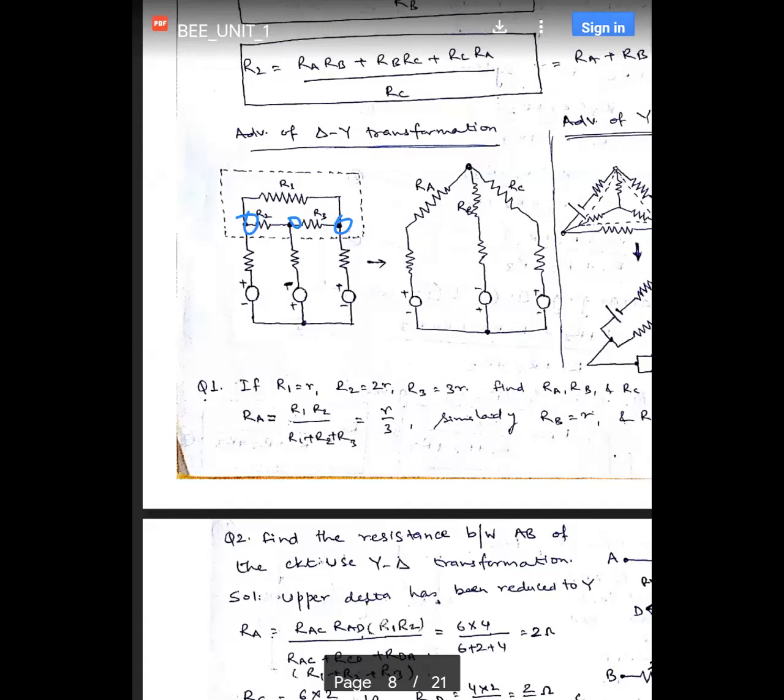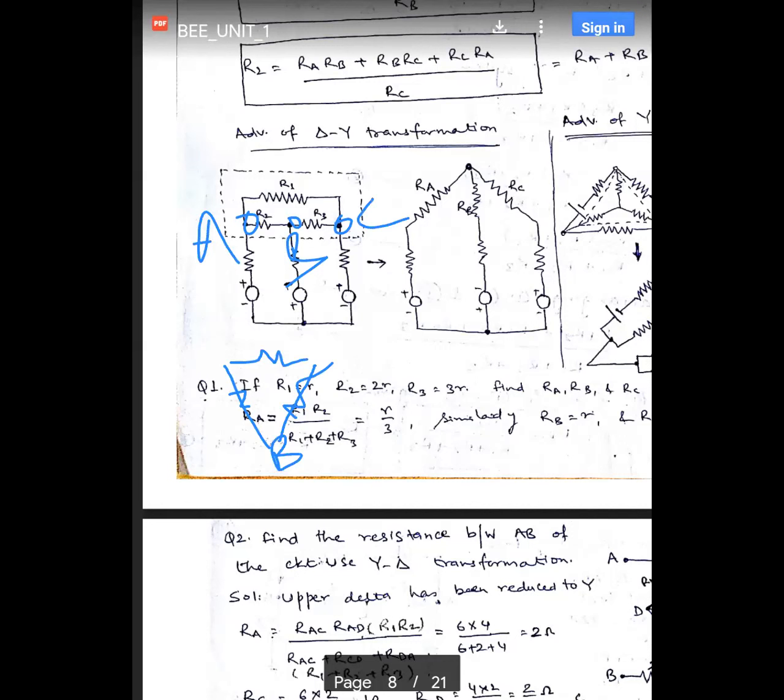Okay, because for example, if you label this as A and this as B and this node as C, it can be considered as this B node is as it is.